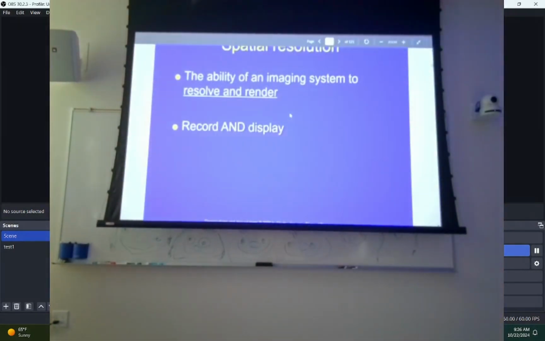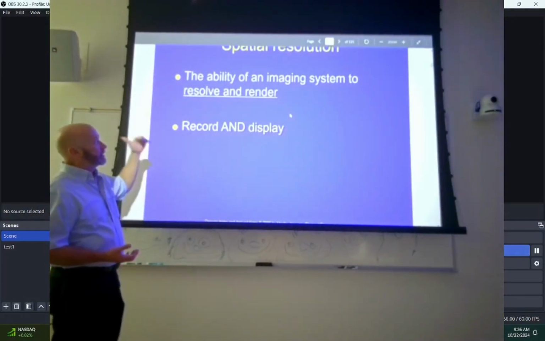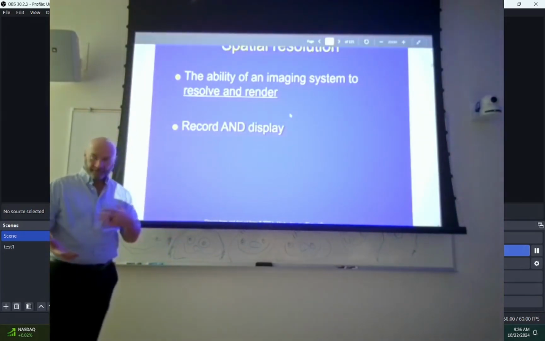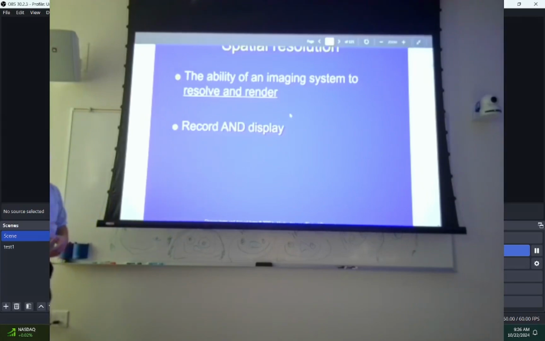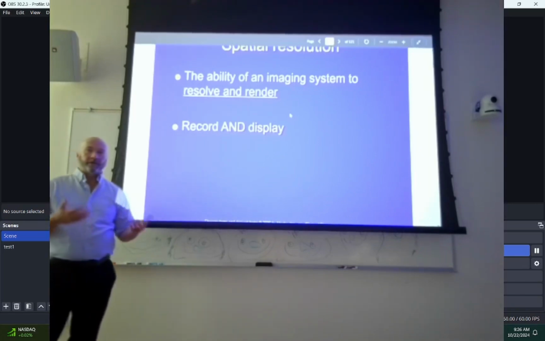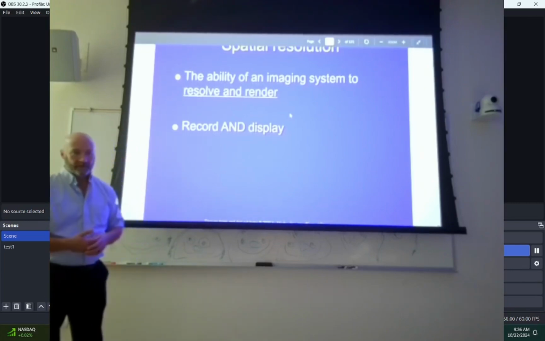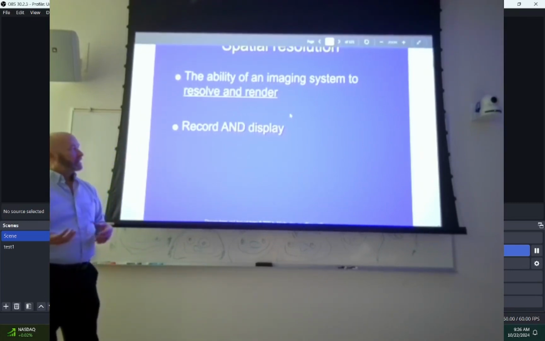This is another way that questions will come to you: the ability to resolve and render the fidelity of those lines, whether or not you can not just record them, but display them as well. So in our current systems, we've got a lot of things going into spatial resolution.